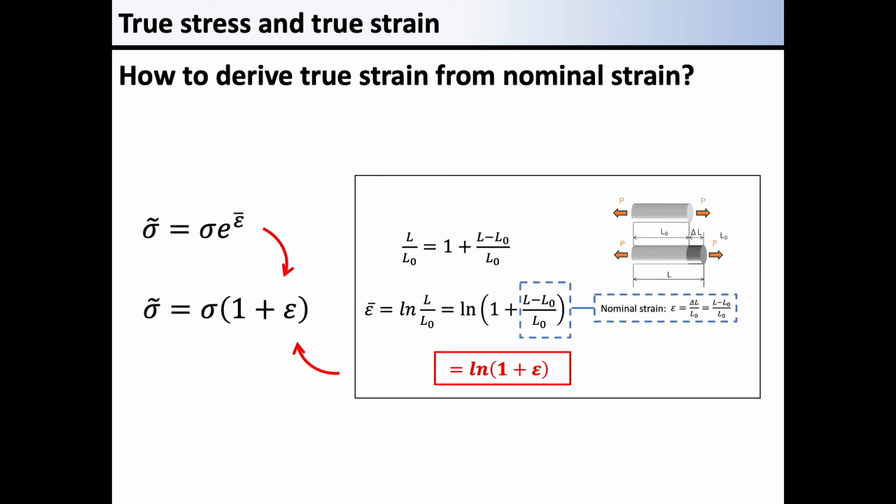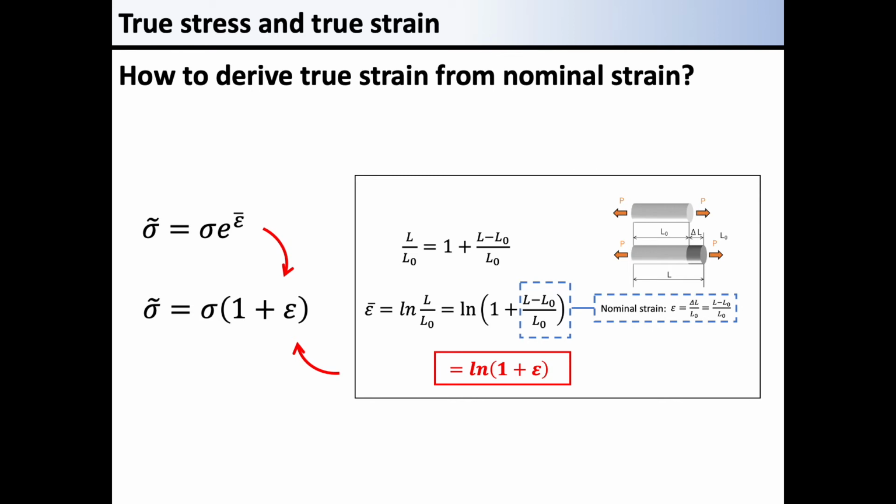Substituting it, we finally get this equation. The equation gives the true stress in terms of nominal stress and nominal strain. Using these equations, you can convert nominal and true strain and nominal and true stresses to each other.